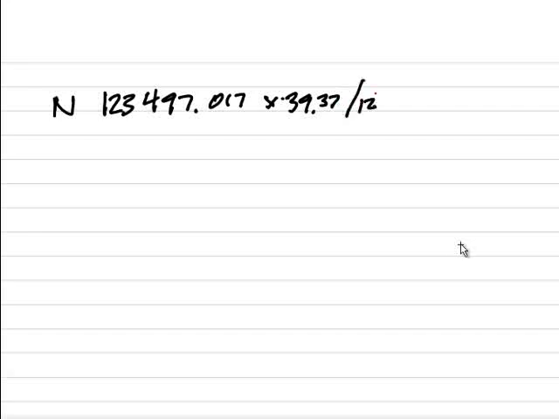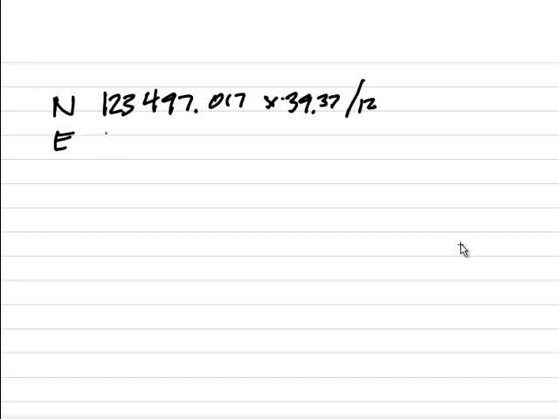Well, let's clear that off and let's go up and take a quick look and see what we have. When I do this in U.S. survey feet, here's my northing once again, 123,497,017. And this time, rather than show those 10 places, I'm going to simply say it's times 39.37 divided by 12. Does that make sense for you?